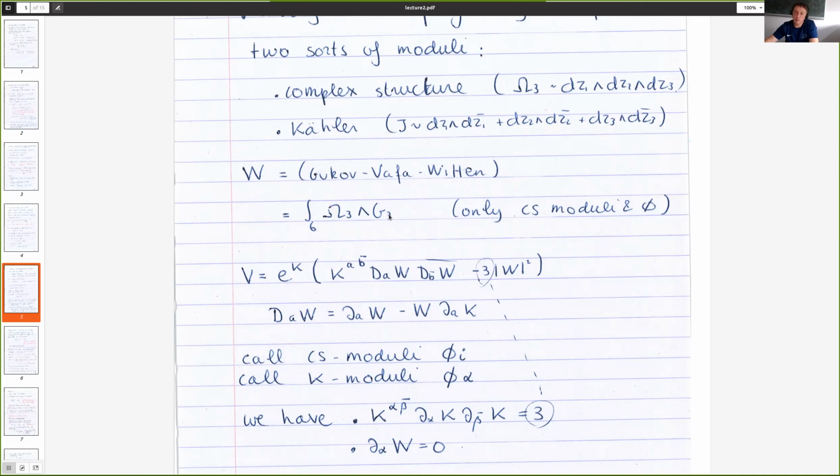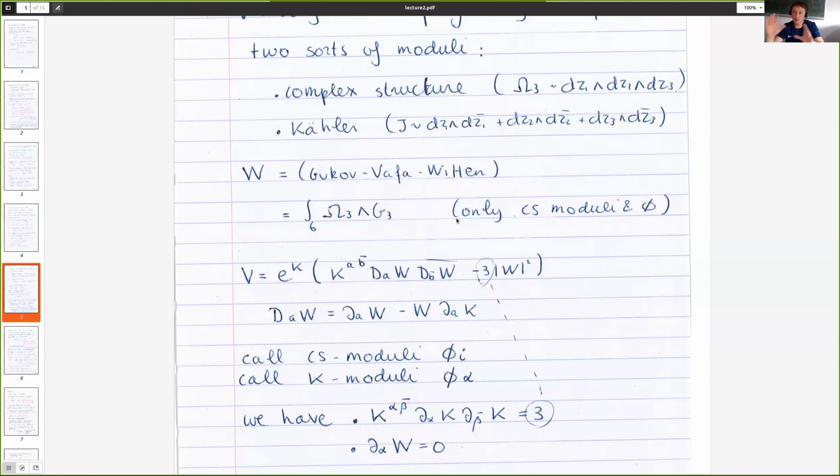And so what does it mean? It means that, in fact, it fixes the complexity type of G3. What you can show is that, but it's obvious, no? Given that omega 3 goes like dz, dz, dz, you can make this non-zero the moment G3 has a component which goes like dz bar, dz bar, dz bar.